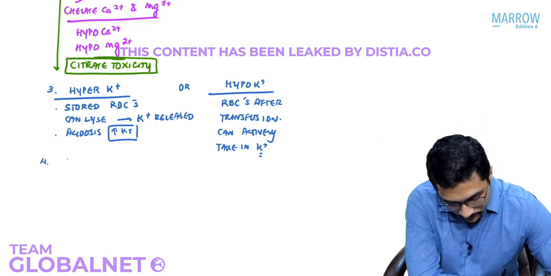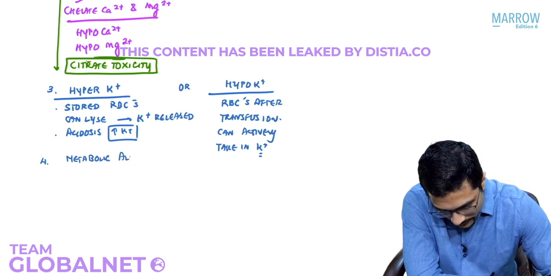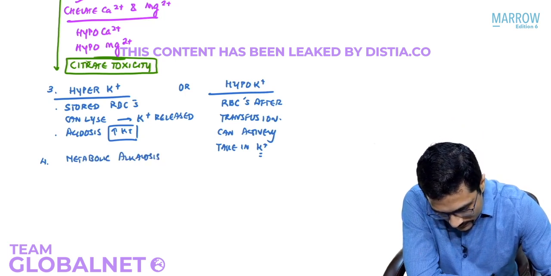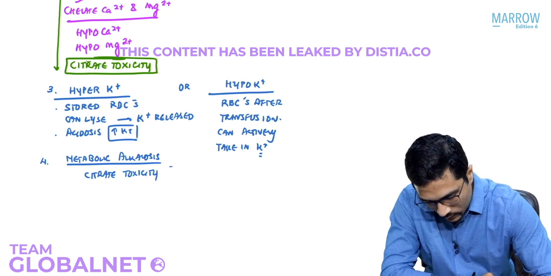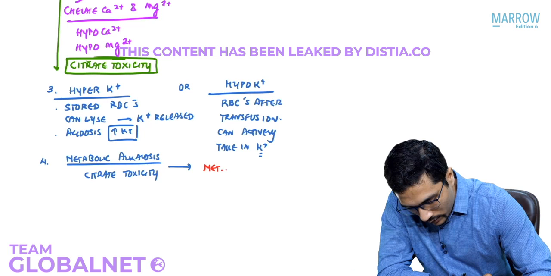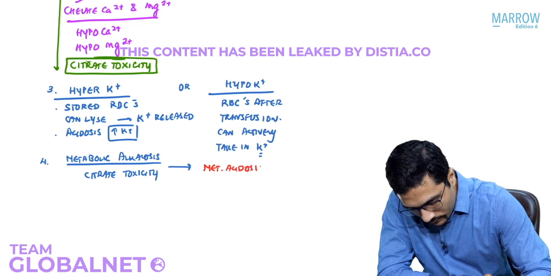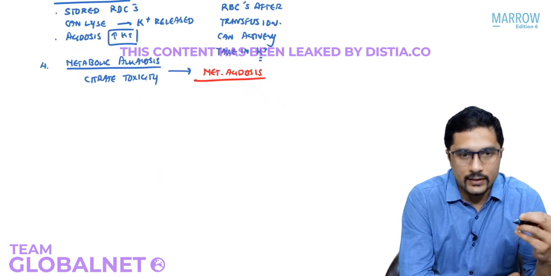There can also be metabolic alkalosis initially. Why will there be metabolic alkalosis? This is due to citrate toxicity. Citrate metabolism is going to give rise to metabolic alkalosis, but later on this is replaced by metabolic acidosis. So both alkalosis and acidosis can occur, and later on there is acidosis.